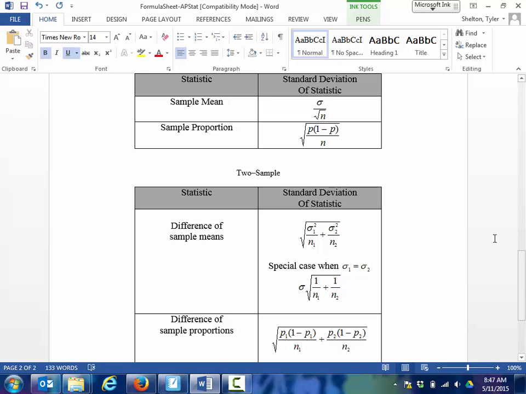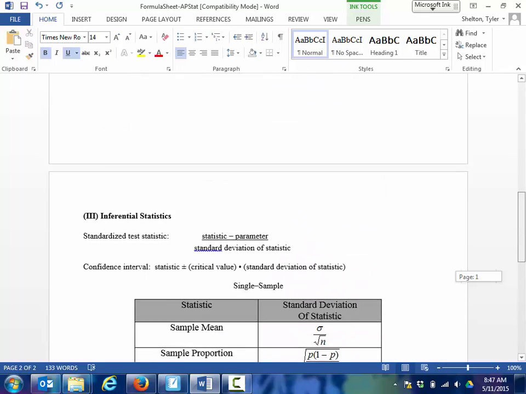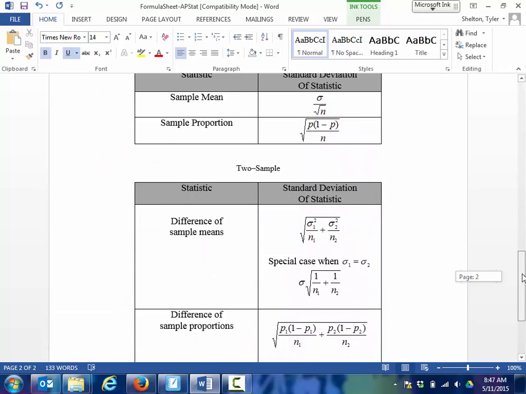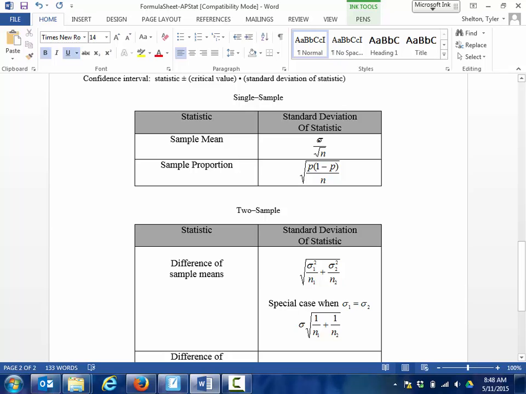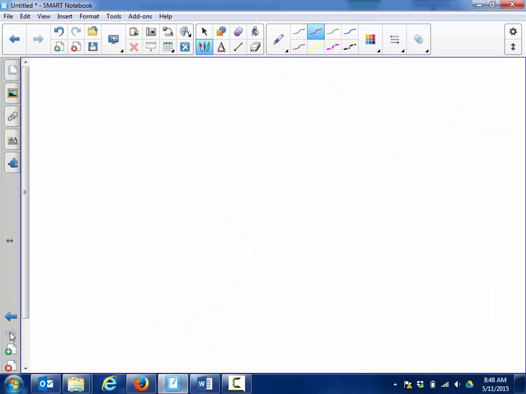It is the second of the important standard deviations given to you on the second page of the AP Stats reference sheet: the standard deviation of statistic for a sample proportion. It's p times 1 minus p, and realize that's just pq all over n within the radical.